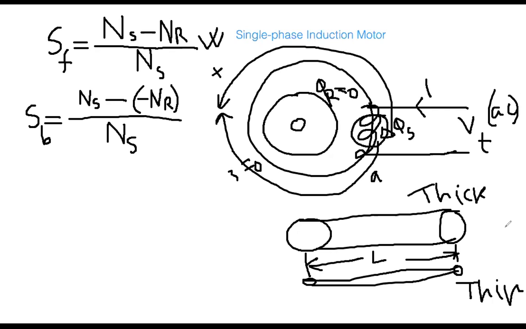Thick cable has a higher resistance. Is that right? You see that it has the higher cross-sectional area, cross-sectional area A, and this is also a cross-sectional area.